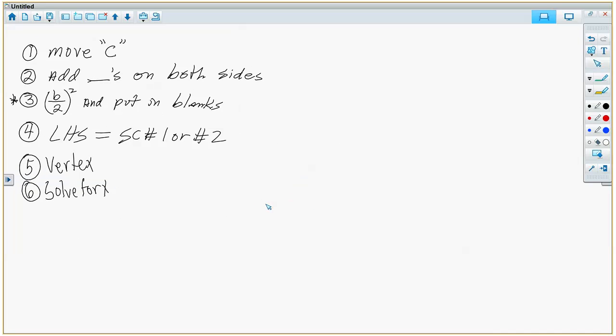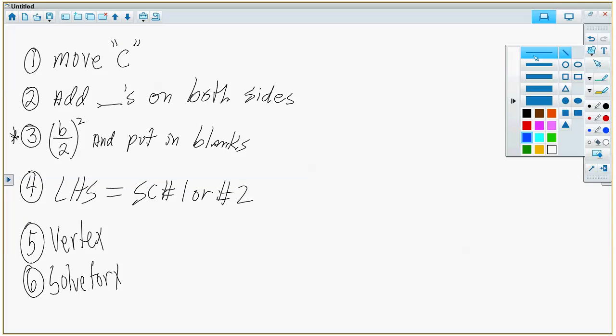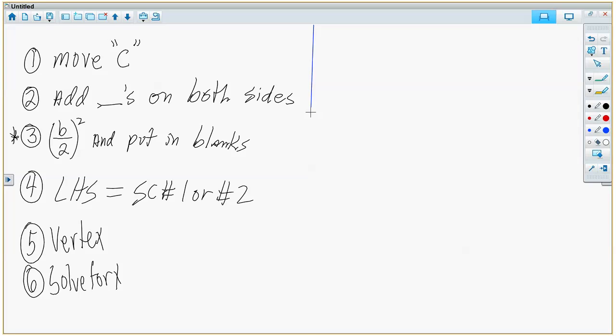Okay, so I'm going to put those right here on the left-hand side of the page. And I'm going to take my handy-dandy straight edge, and draw a line right down through here. And we're going to start with a problem that's pretty simple. On a scale from 1 to 10, it's about a 1.